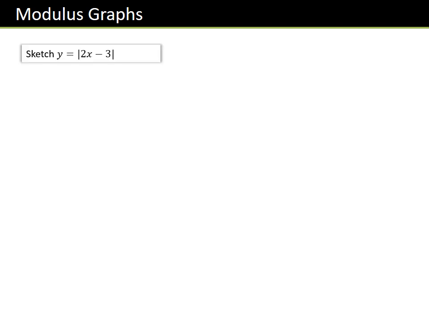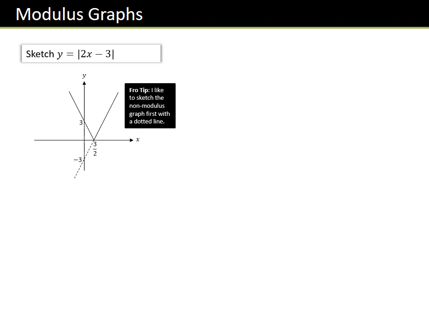So now we're going to look at sketching and solving various equations using graphical sketches. So first I want us to sketch the value of y equals modulus 2x minus 3. So when I sketch this, what I would normally sketch is the value of y equals 2x minus 3.